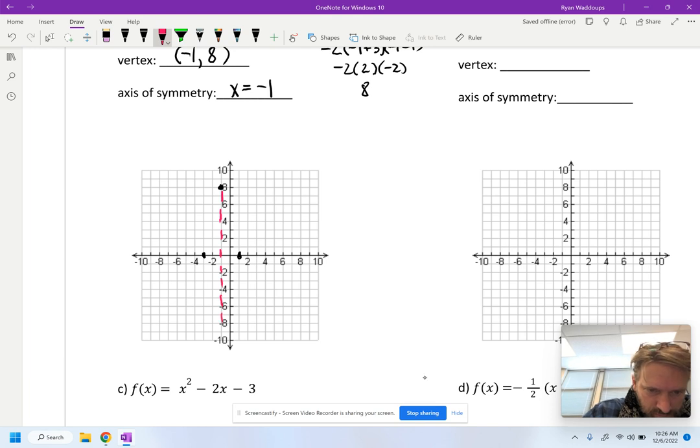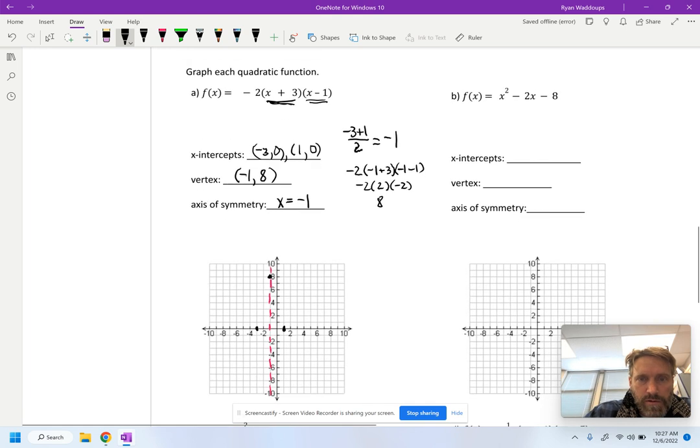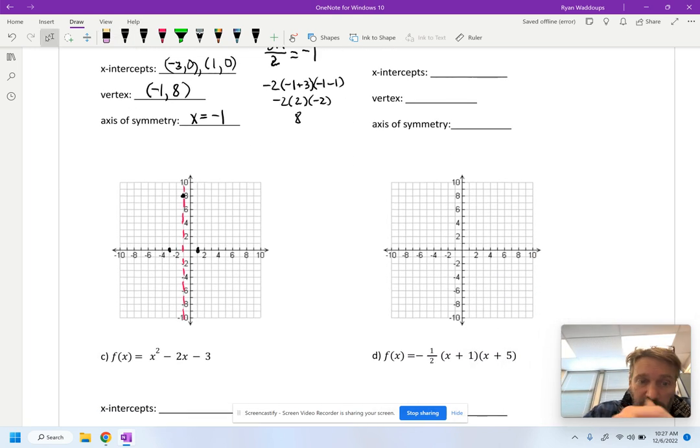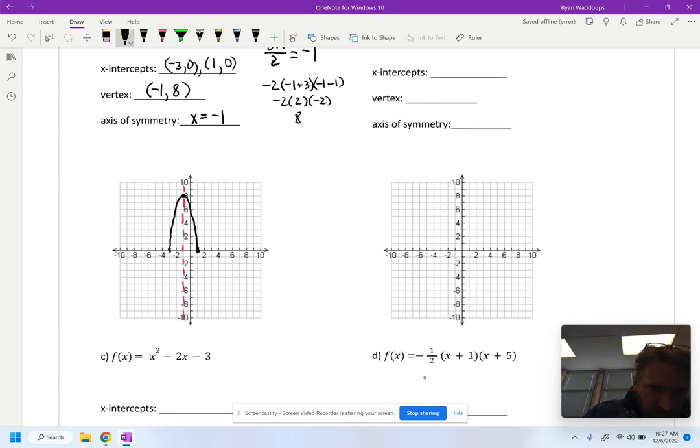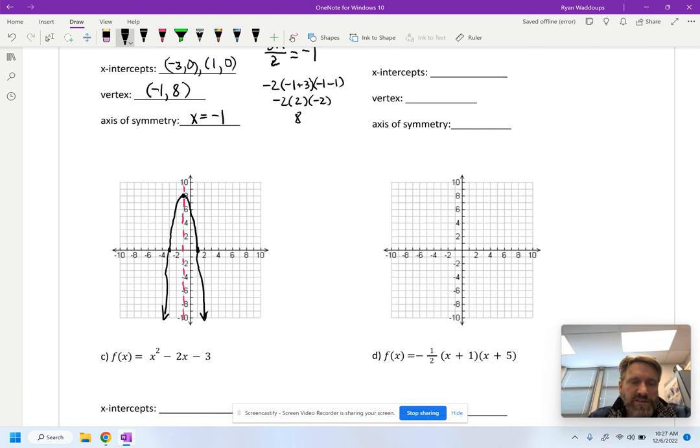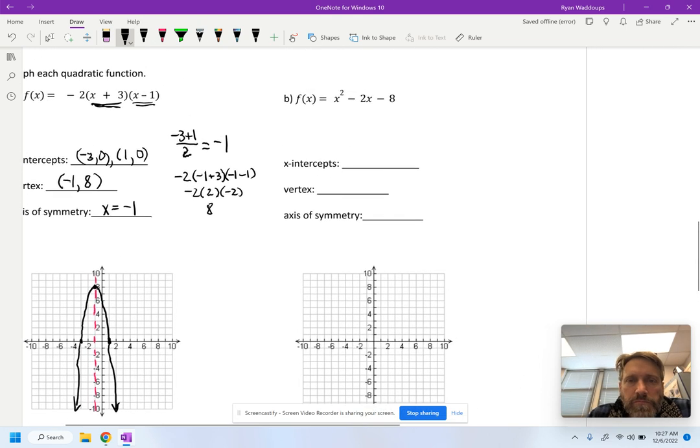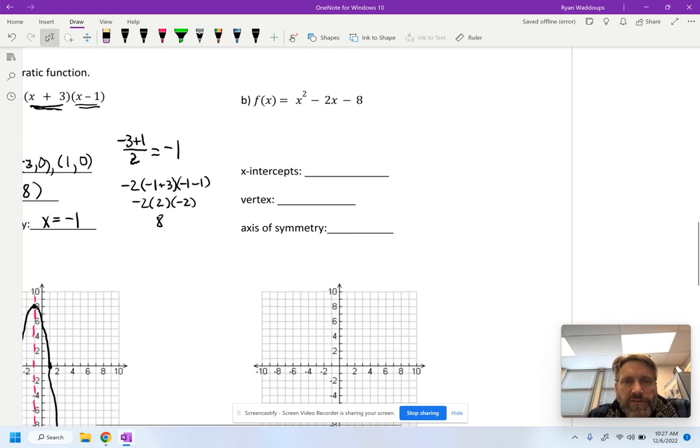And at this point, you can sketch the graph. It's downward facing, and it'll look something like that. And again, you can find some other points to find a better idea of what the sketch looks like if you want to, or if your teacher asks you to.